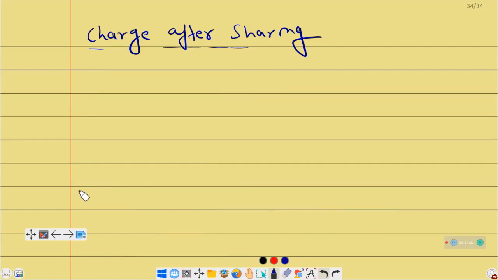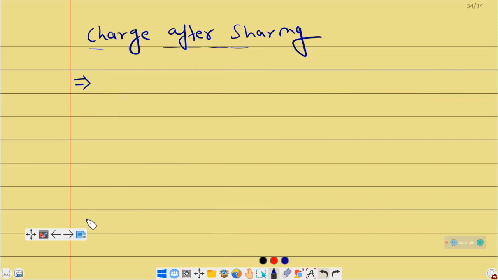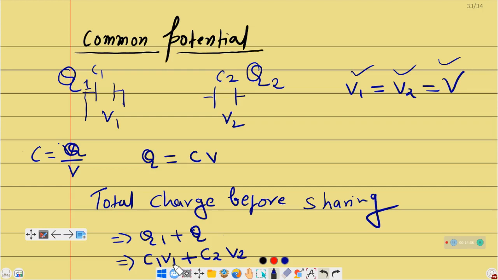Now the charge after sharing: the potential became the same, the common potential. When the potential became the same, V1 equals V2 equals V. So this will be C1 V plus C2 V. Same as before, C1 V1 plus C2 V2.